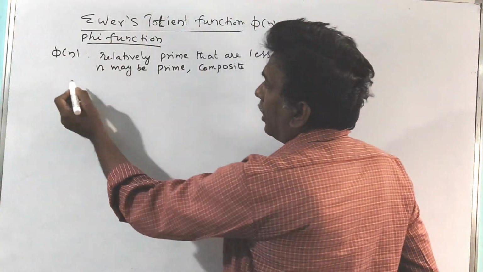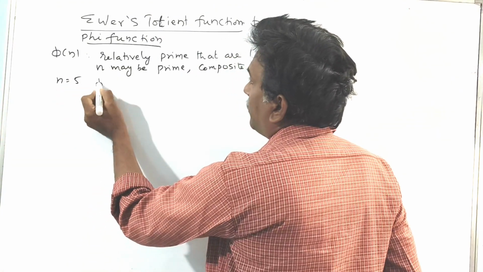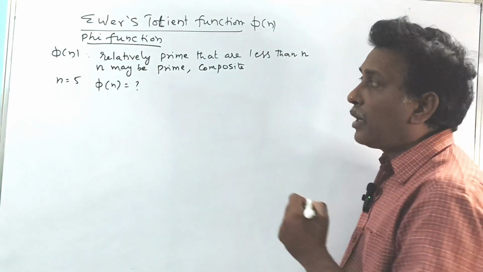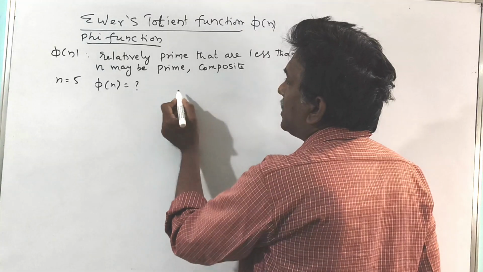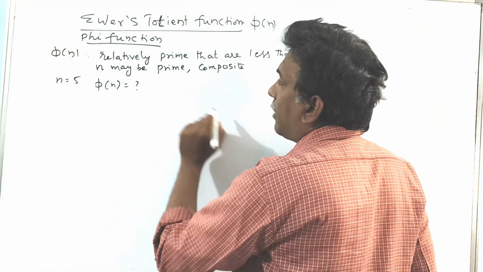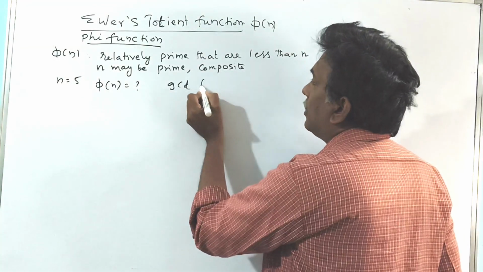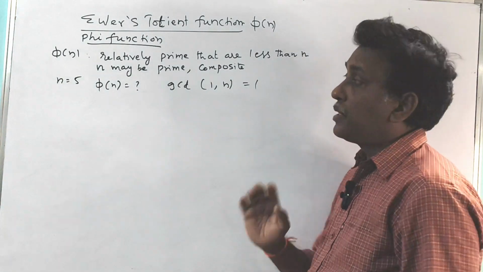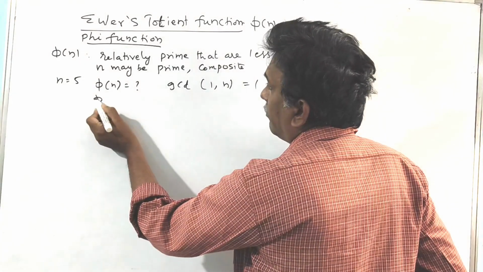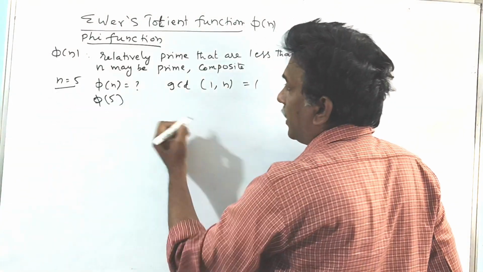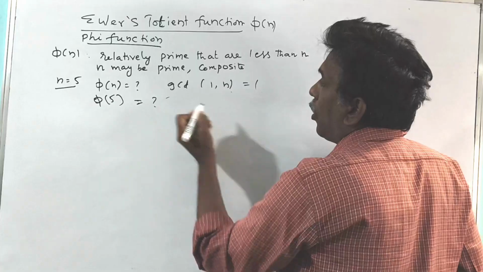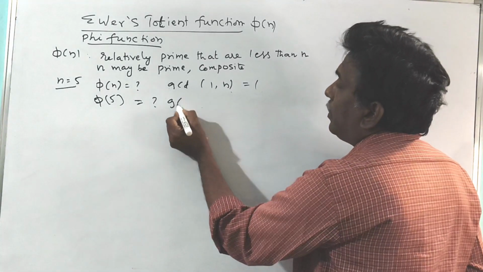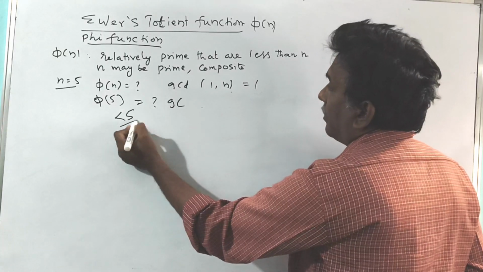Let us take n equals 5. What is phi of 5? Phi of n means that if you find the GCD of a number with n, you need to get 1. For phi of 5, I need to calculate the GCD for the numbers less than 5.